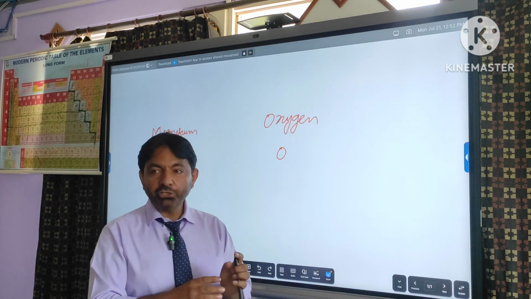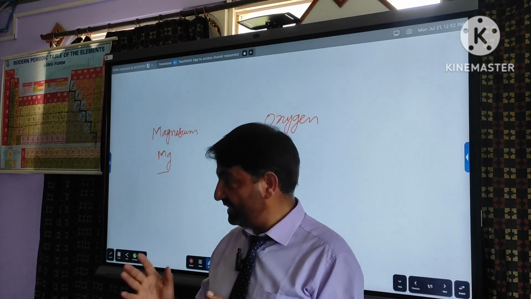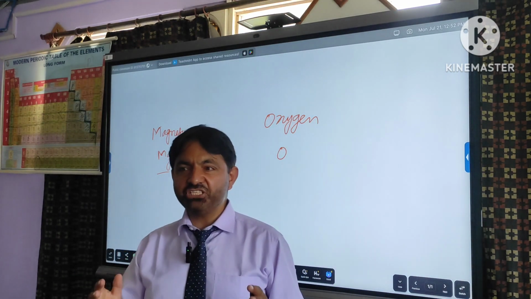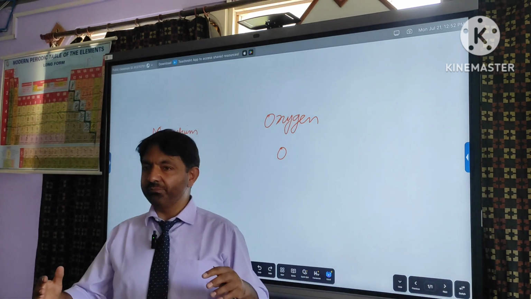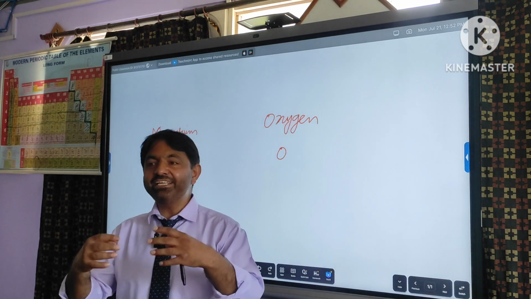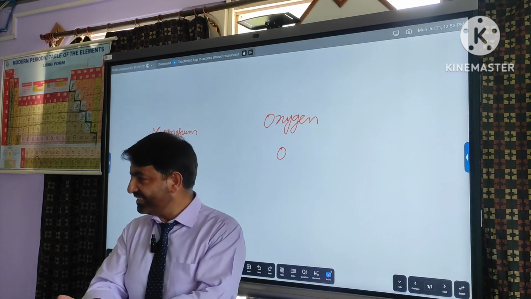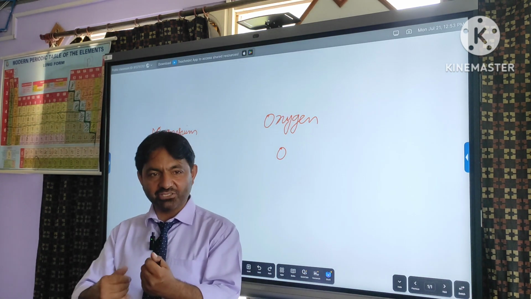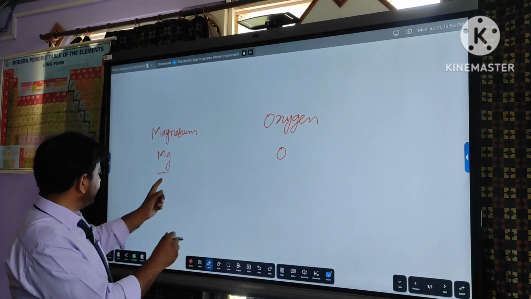Sit down. Okay, now this idea is clear. So why do elements react? They want to get 8 electrons in their outermost shell. They can do this either by transferring electrons or gaining electrons. So now I will show you an example here.